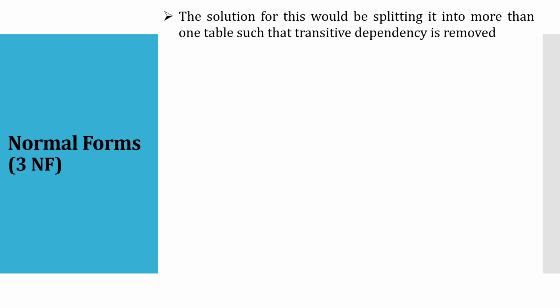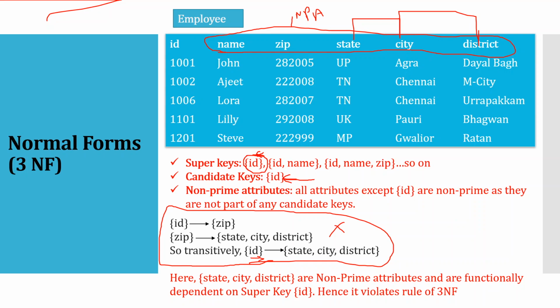Anyone? I am just keeping this table for your reference. Can you give me the two tables or more than two tables that can be created for removing the transitive dependencies on super keys? Can you provide the tables and their columns such that transitive functional dependency on super keys can be removed? Yeah, I'm waiting for your answer.